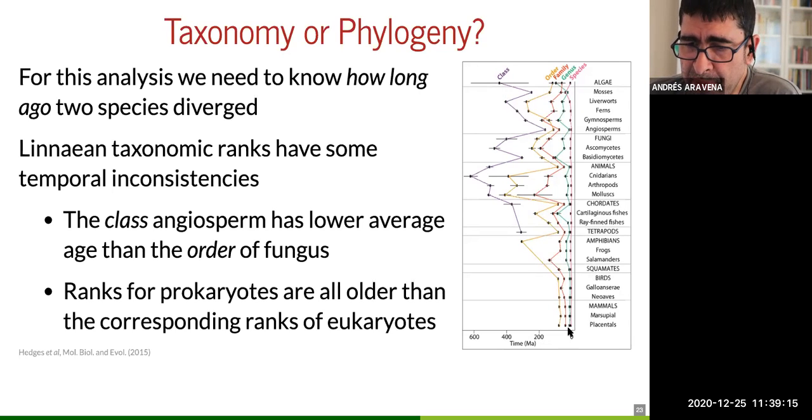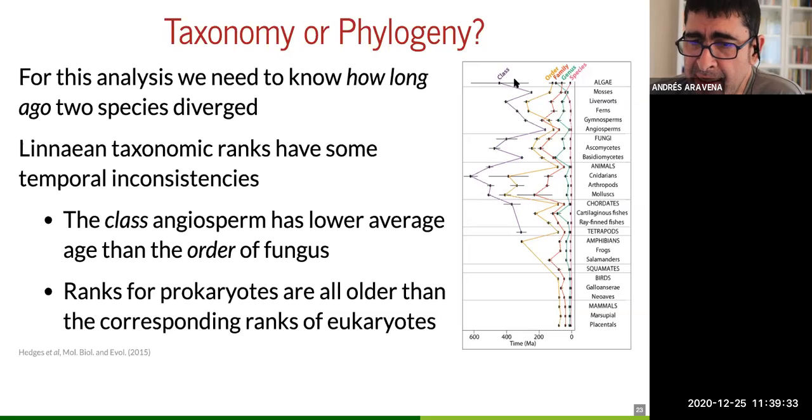So, for example, mammals at the species level, they are separated very recently. At the genus level, they separated earlier. At the family level, before, order level, and class, well, here after, no?